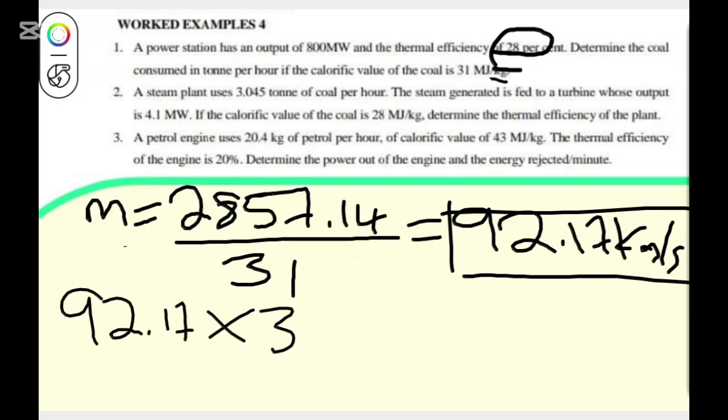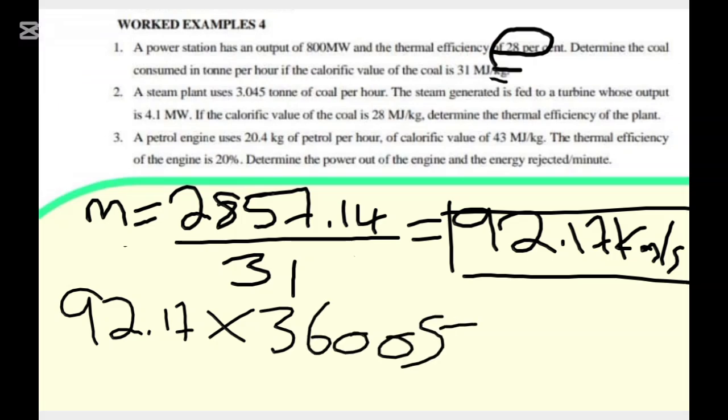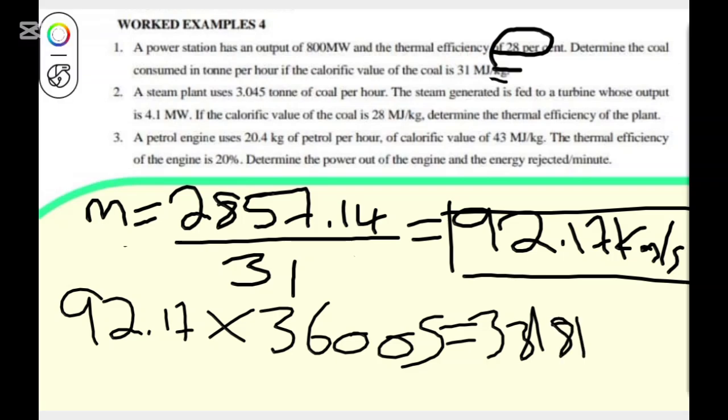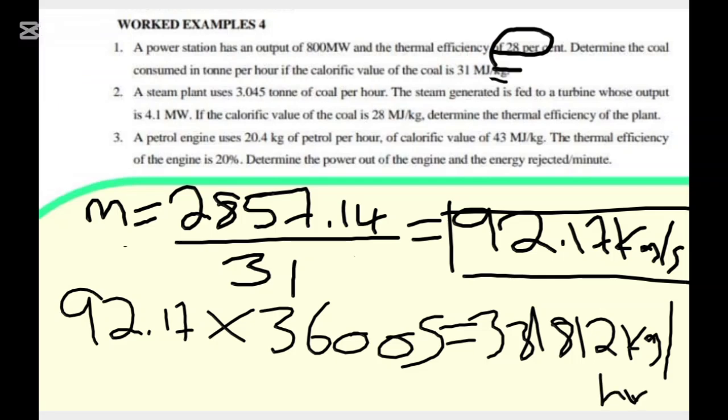If I multiply by 3600, I will get 331,812 kg per hour. So at the end, this is the same thing as saying 331.8 ton per hour.